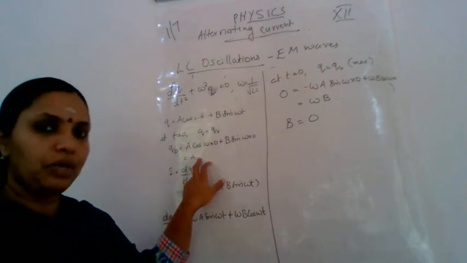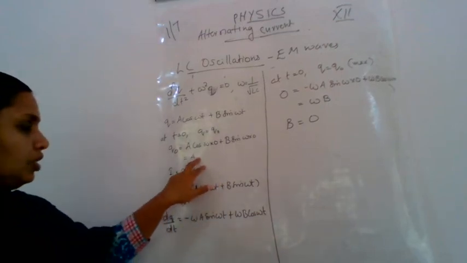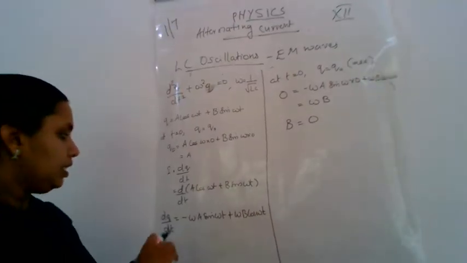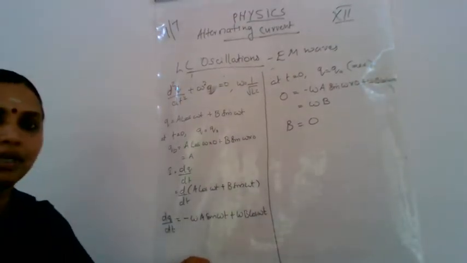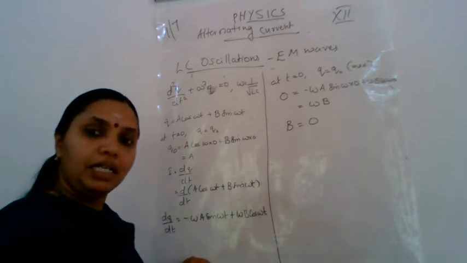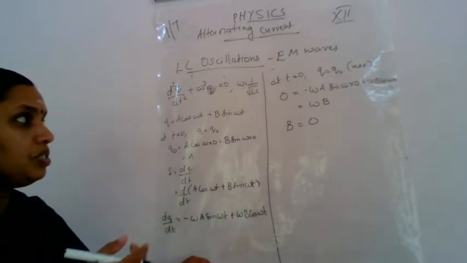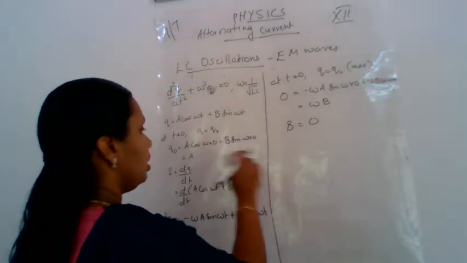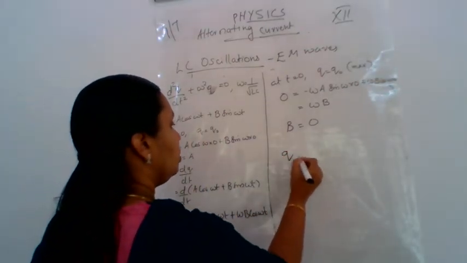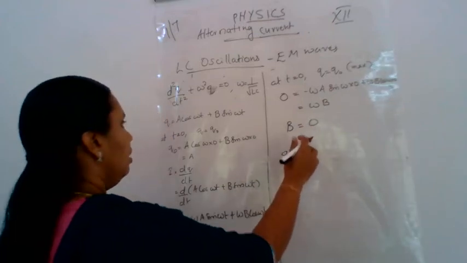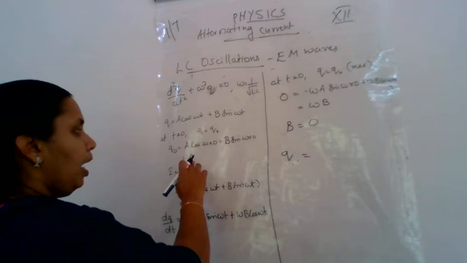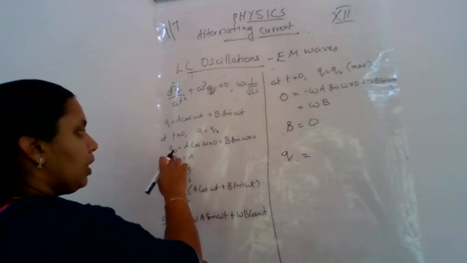So what is it? Initially we are getting what? At the time t is equal to 0, there is a charge, that is q0 will be there, but the current, what is the current? The current is becoming 0, isn't it? At the initial time t equal to 0. So we can write the equation as q0 is equal to, what happened to the b term? b term is equal to 0, and we are getting a term is equal to q0.